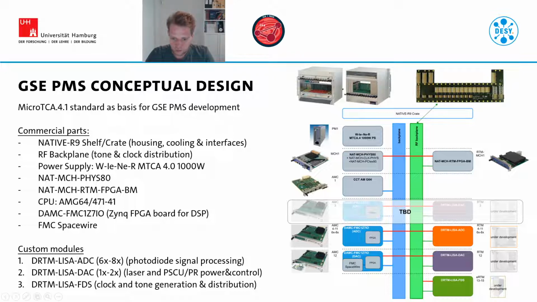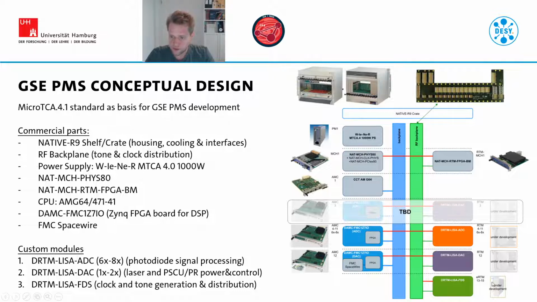Then we have a number of modules that we use. Most of these are commercially available. Just to highlight a few, we have a central CPU module here where most of the low speed processing is done. And then we have these FPGA modules here. These are also developed by DESY, but for our project we just purchased them. These contain the FPGAs that do the high speed processing like the phase readout and so on.